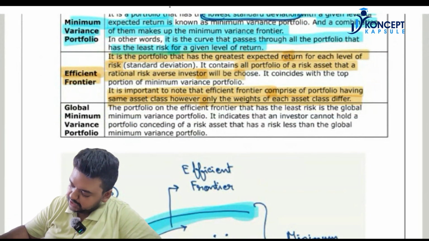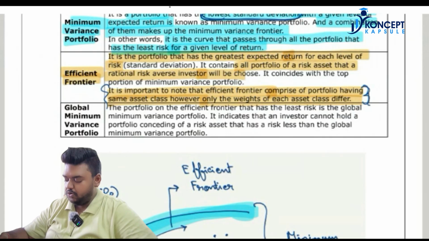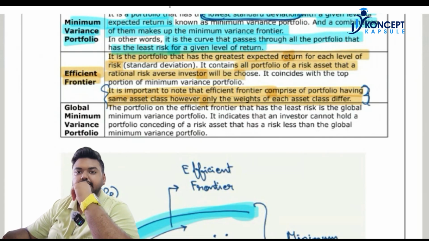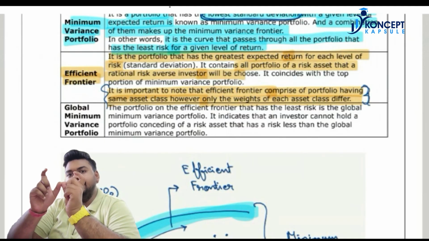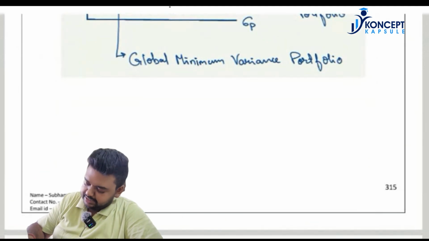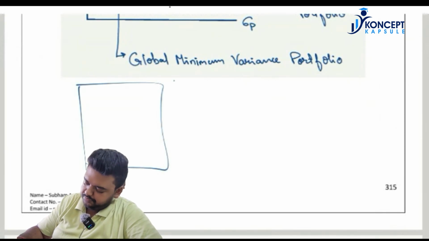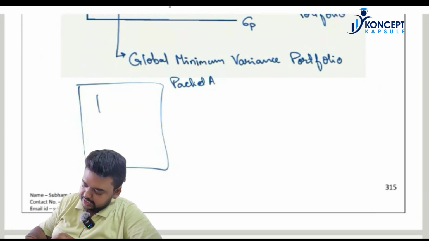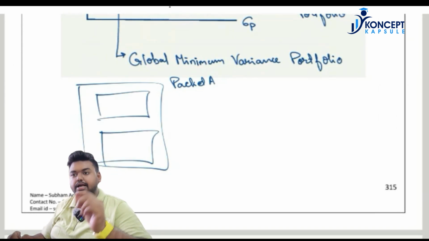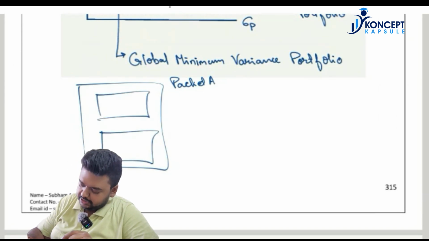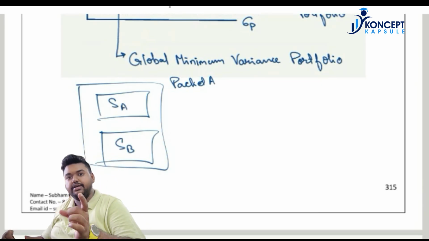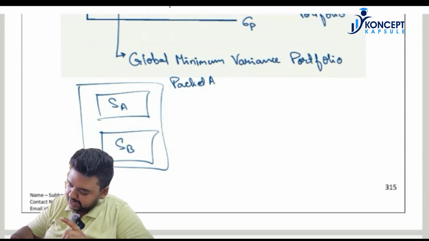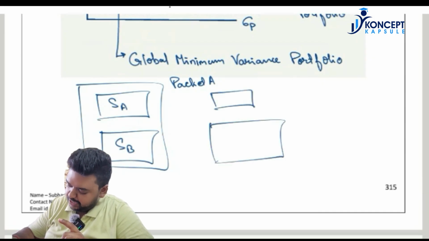See, this is important to understand. What the efficient frontier is saying is that when you are comparing portfolios on an efficient frontier, the asset class will remain the same. For example, we have this packet A. Within the packet, the contents will be the same, for example, security A and security B. This security A and security B will be the same, but the weight of each component in the packet can vary.